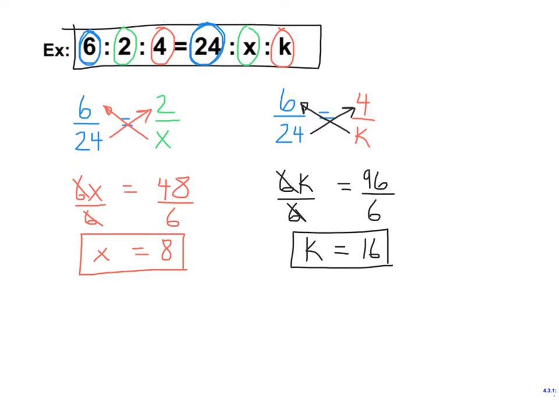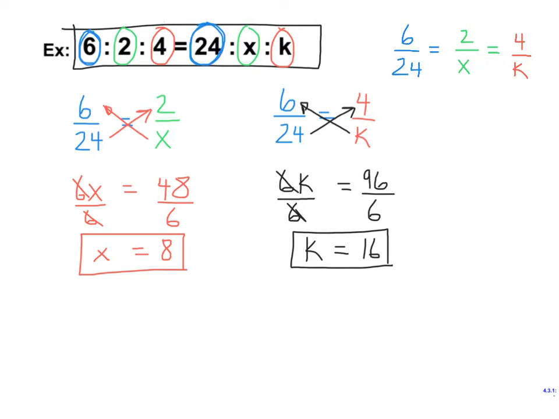So the real way of writing this or starting this problem would actually be the first number on the left over the first number on the right is equal to, and then you're going to write the second number on the left over the second number on the right is also equal to the third number on the left over the third number on the right. This is actually the way that this proportion works. All three of these proportions are equal.